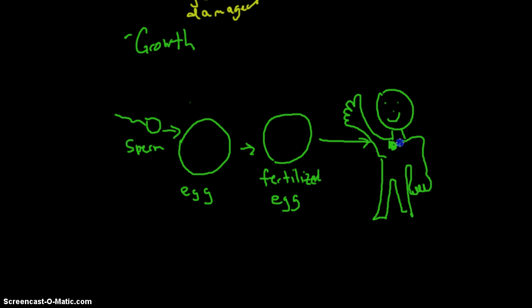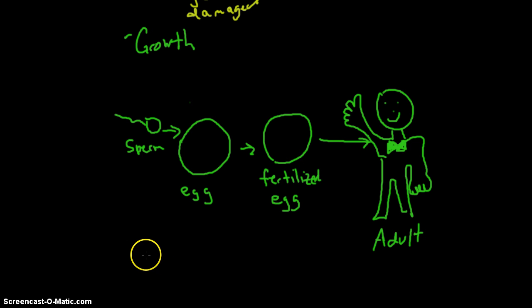A bow tie. Well, in order for this fertilized egg to become an adult, more cells have to be produced. Cells have to reproduce, and then they divide, and then you actually become an adult. If that process never happened, we would remain a fertilized egg forever.